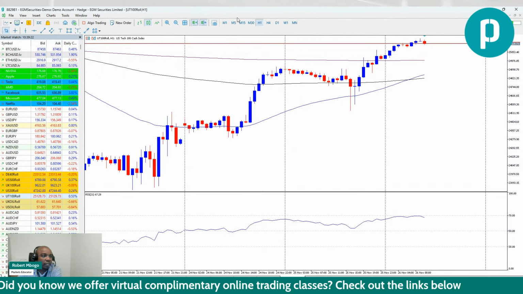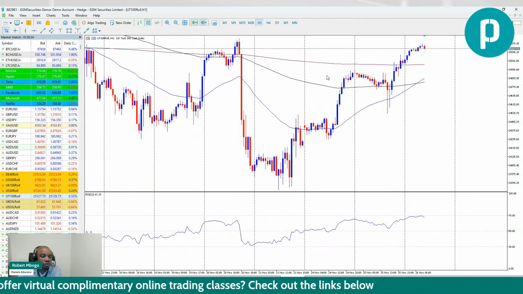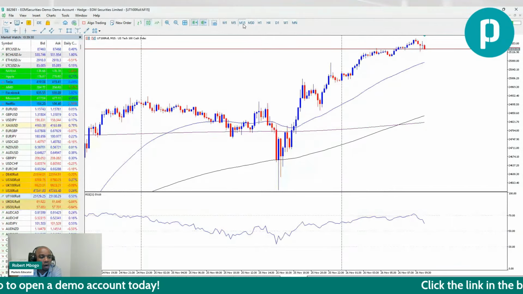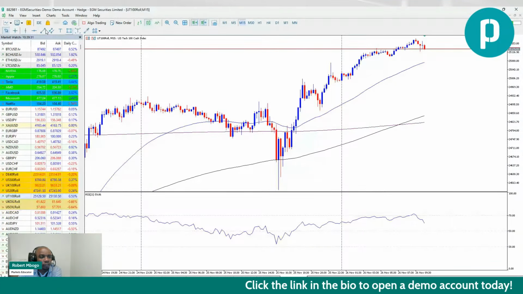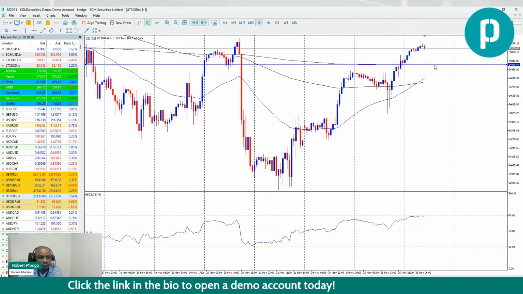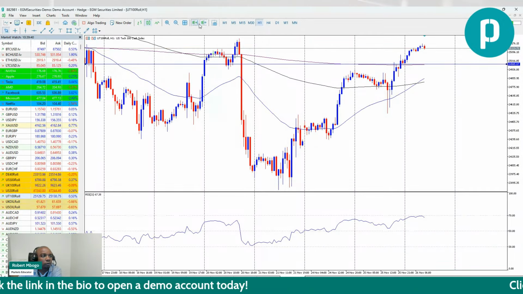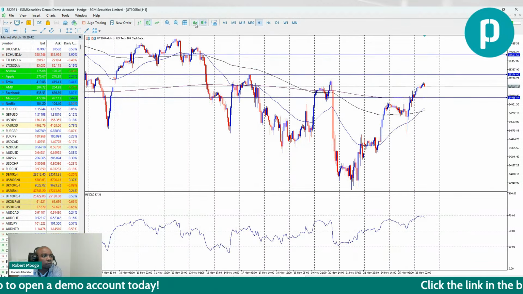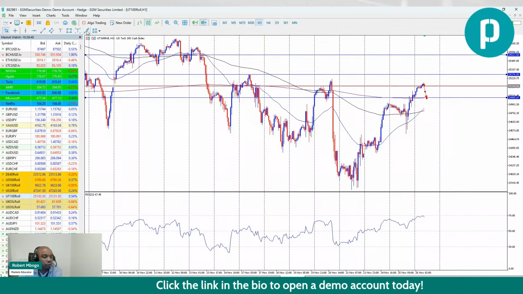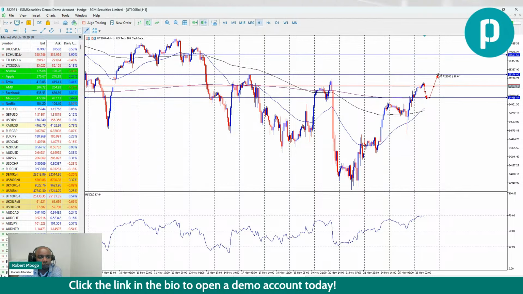But before we get to those areas, I would want to see Nasdaq first take on a bearish move. It could test this low, the Asian low, or even that moving average. So a bearish move, and then from there, maybe we could see some bulls.